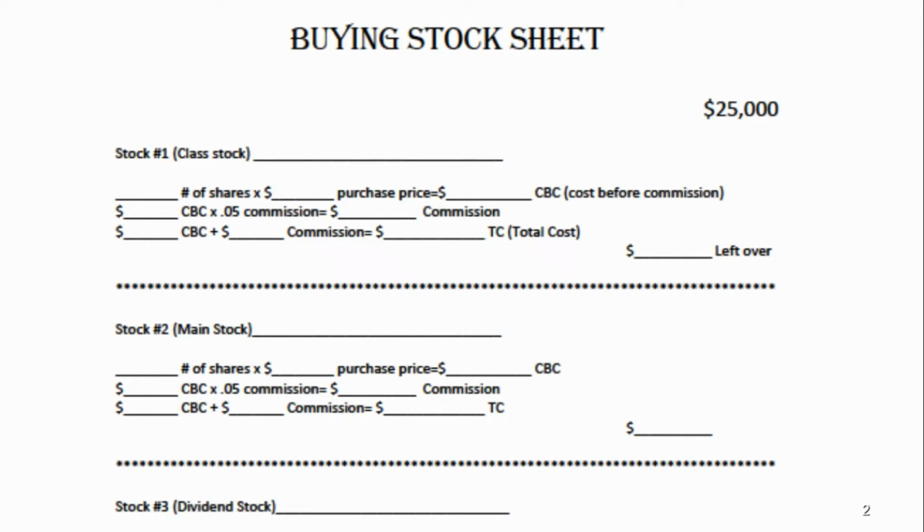Stock number 2 is the main stock. That is the stock that you are going to be signing up for. There will be a link going out on Edmodo tomorrow at 4 o'clock where you can click on that link and sign up for your main stock, the one you want to write about.